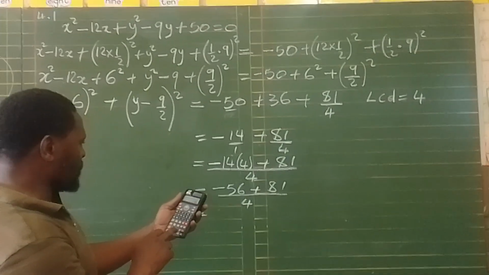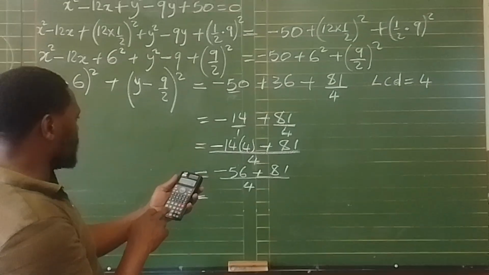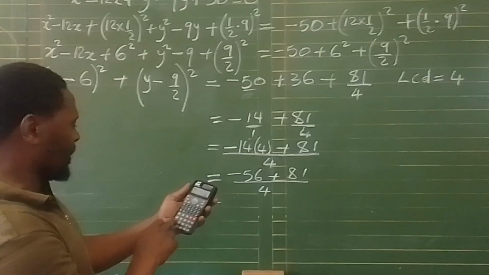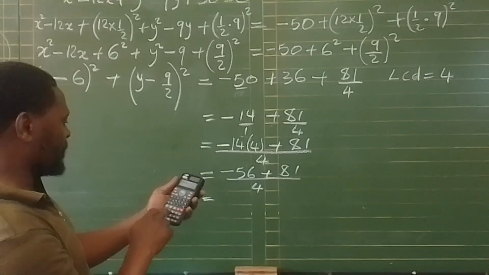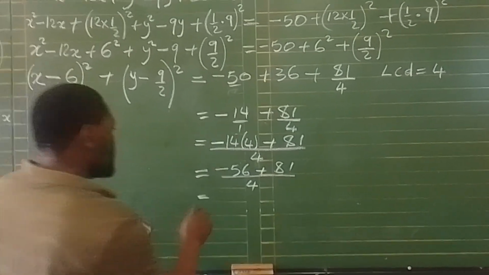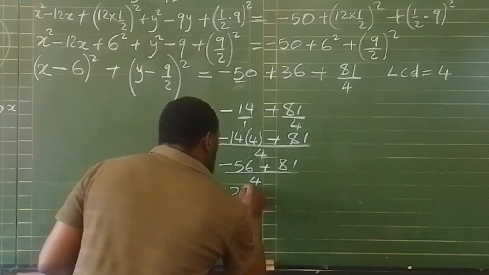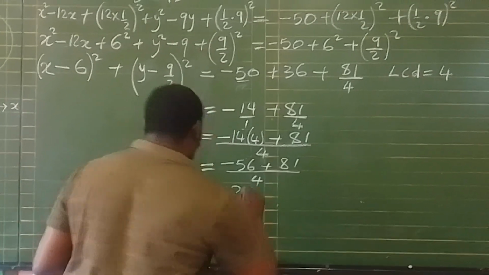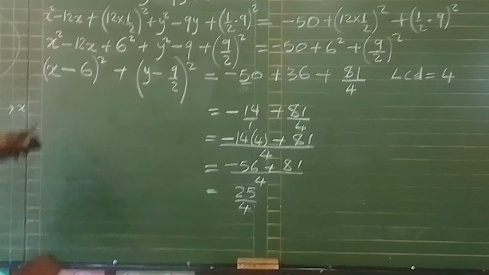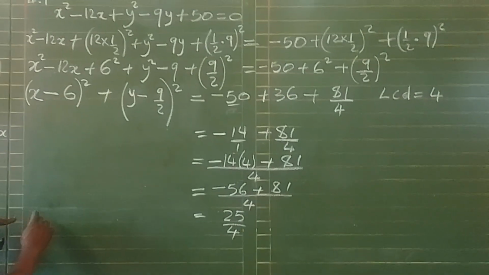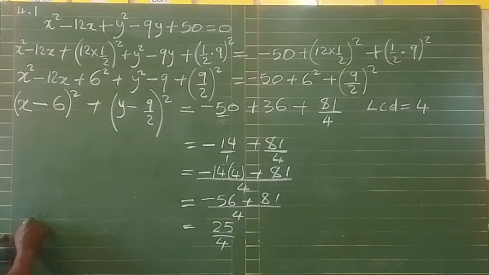Then you subtract 56 from 81. 81 minus 56 is 25. 25 over 4.